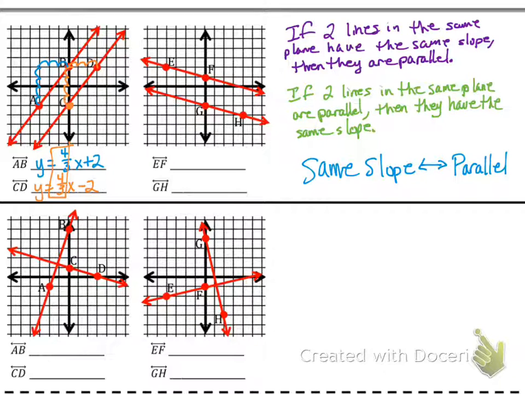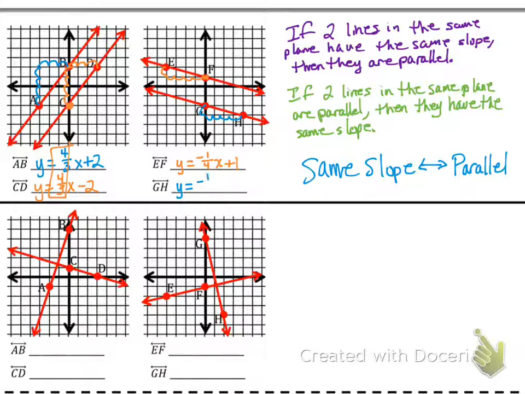If I look at these two lines, EF and GH, for line EF, I go down 1 and to the right 1, 2, 3, 4. Since I went down, it will be negative slope, -1/4 times x. And my y-intercept is at +1. If I look at line GH, I again go down 1 and to the right 1, 2, 3, 4.